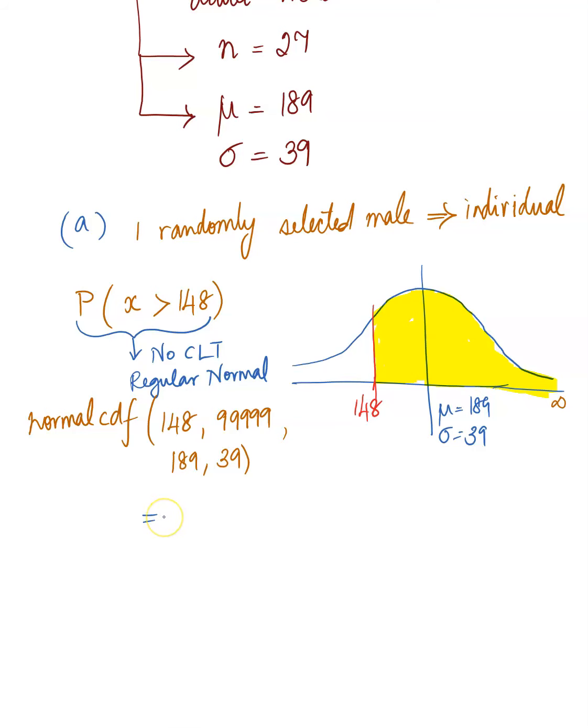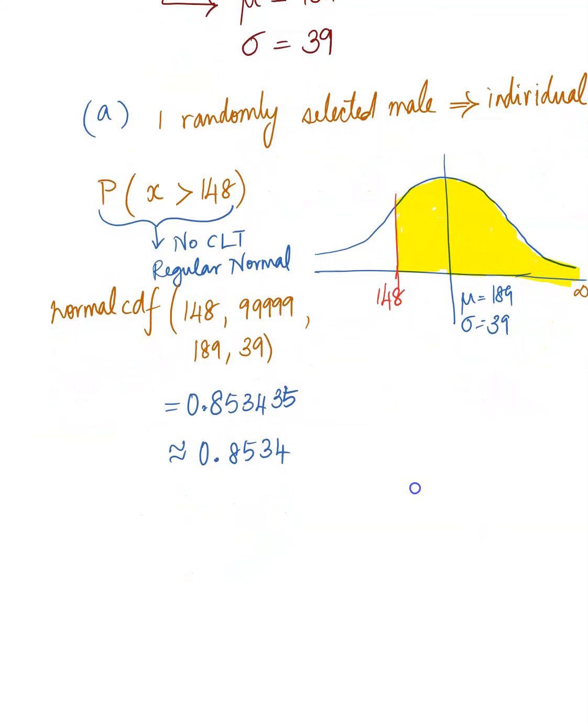So we get back 0.853435 and so on, but we like to round it to 4 decimal places. 0.8534. Okay. Now if you used your table and did it manually, I believe the answer is 0.8531. As I mentioned, it's due to those rounding errors.